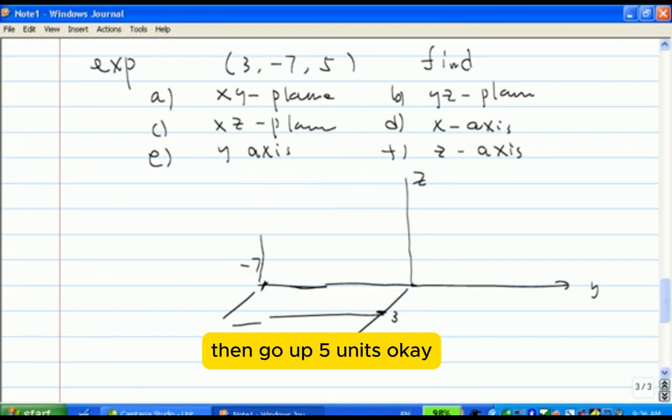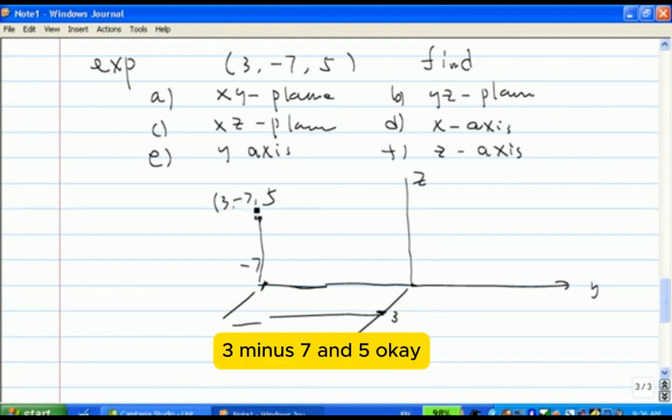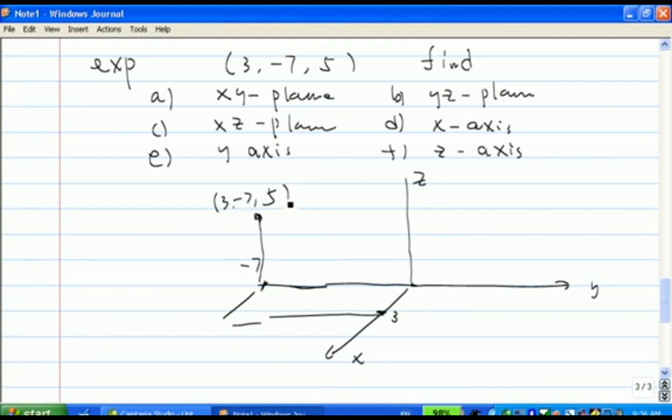Then go up 5 units. So this point is (3, -7, 5). Okay.